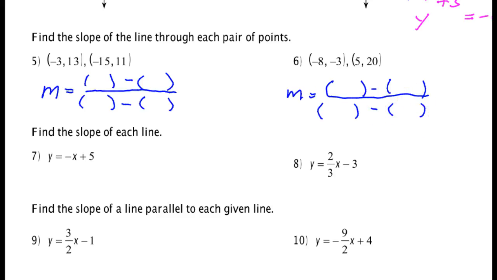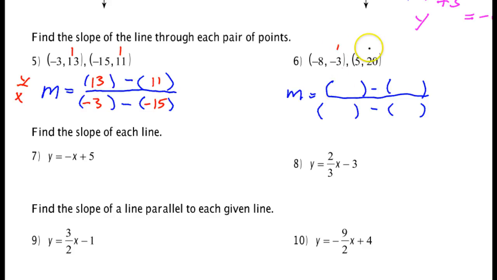And then fill in the numbers. What goes on top? Y's or X's? Y's are the rise. Rise over run, Y's are the rise. Alright, so 13, there's our Y's. 13 and 11. Negative 3 and negative 15 are the X's.